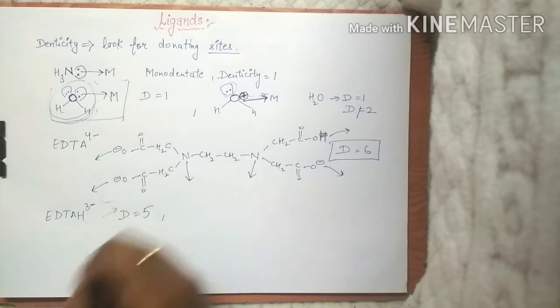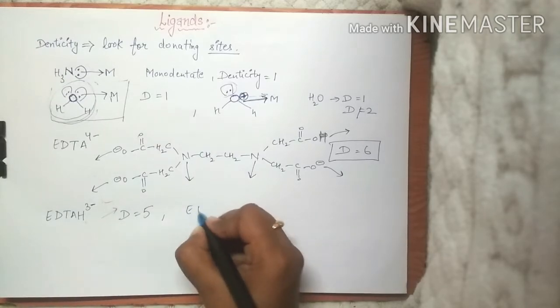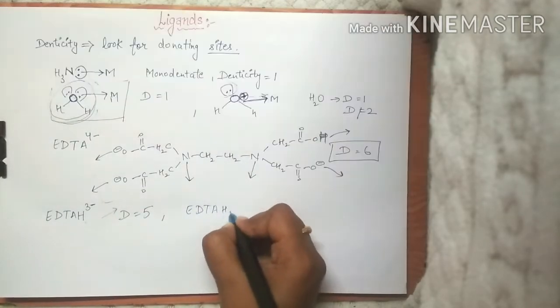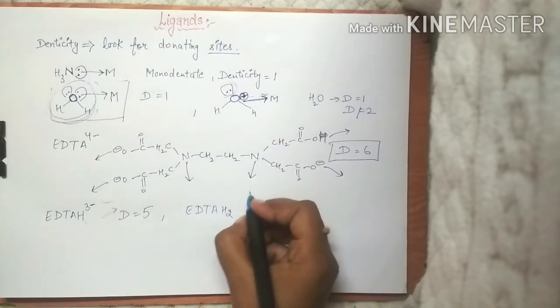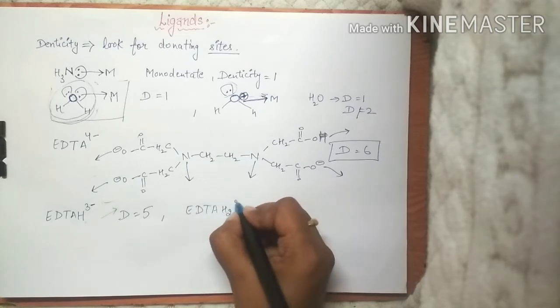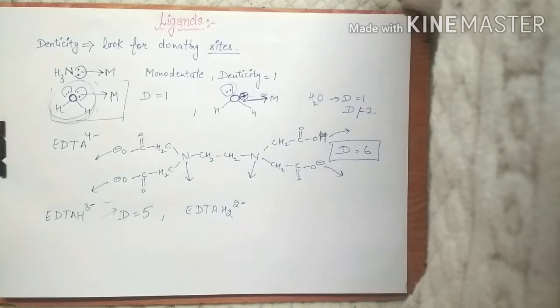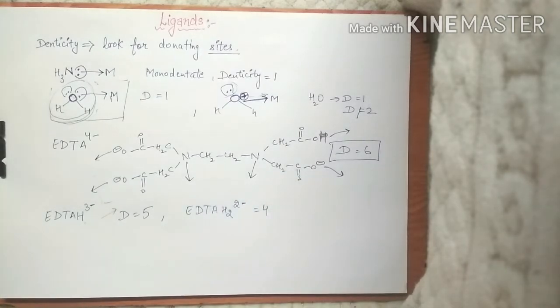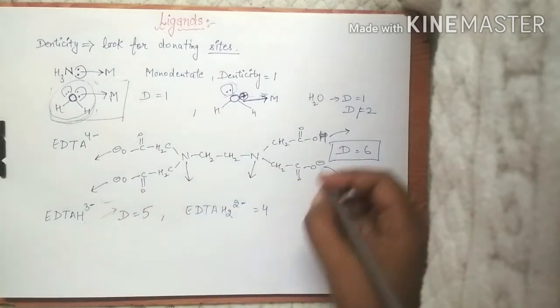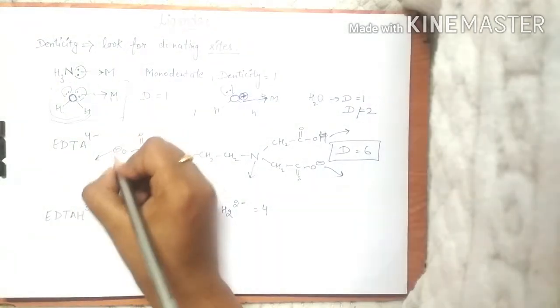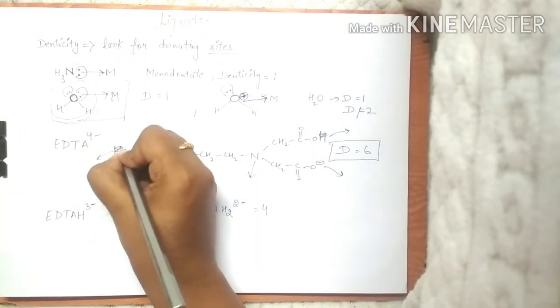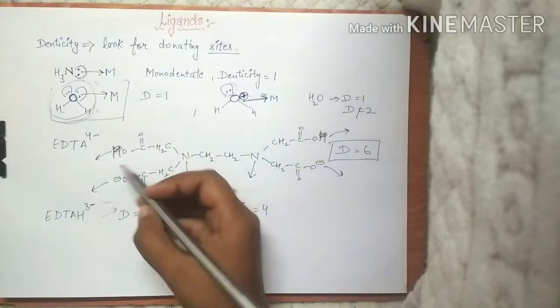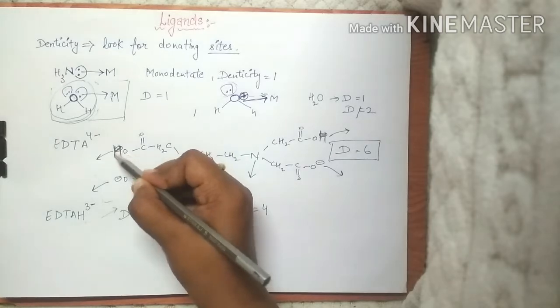Denticity will be 5. If I talk about EDTAH2 with 2 negative, then it will have denticity of 4. Here I am going to protonate 2 of the oxygen sites. For example, one is already protonated and the second I have protonated at this site.